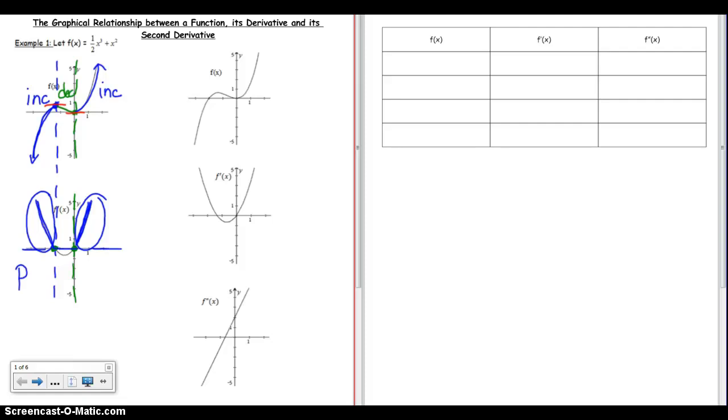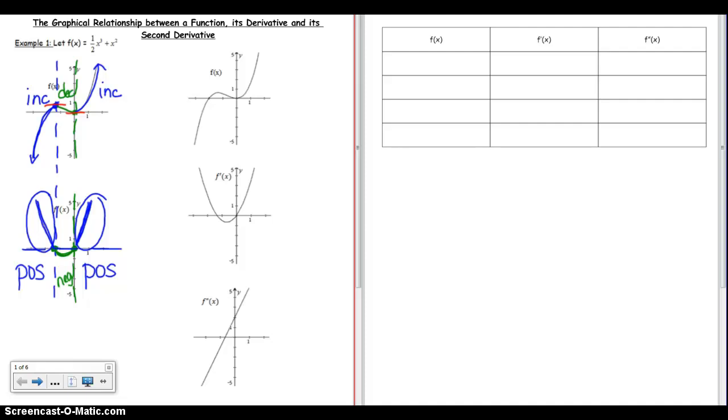So the derivative graph is positive, where the function graph is increasing. And so then the question is the derivative graph negative where the function is decreasing? And you can see that where the function is decreasing, the derivative graph is underneath the y-axis, so it is negative.